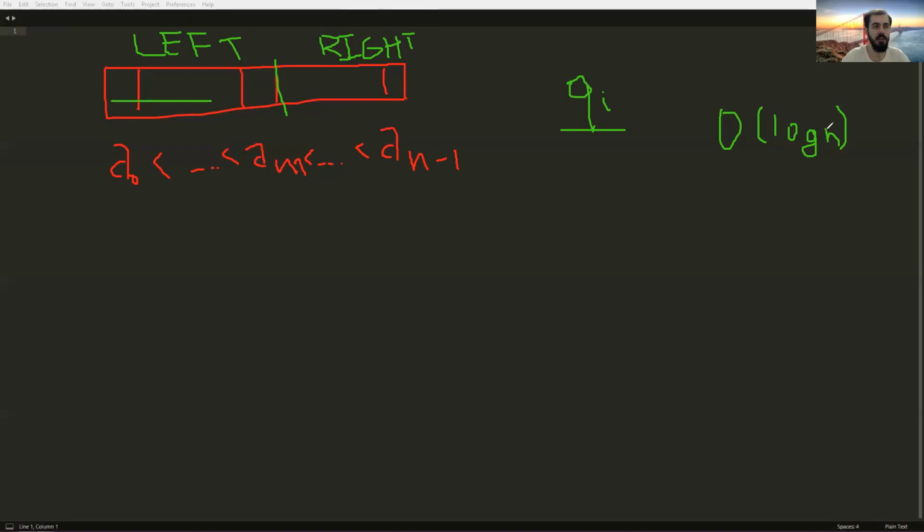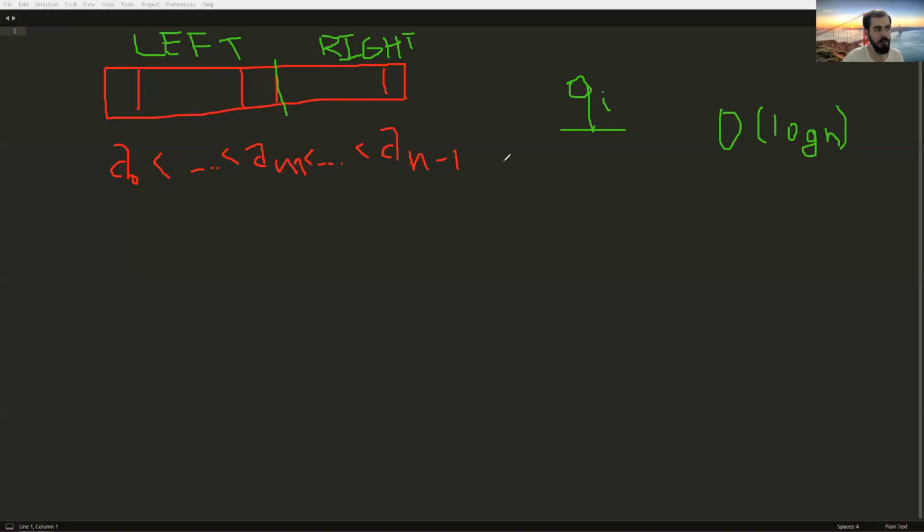How can we quickly check in which half it belongs? Well, we can compare with the middle element. If our query element is greater than the middle, then we definitely know that it's not here. We can get rid of half an array in just one query, just one question to the array.